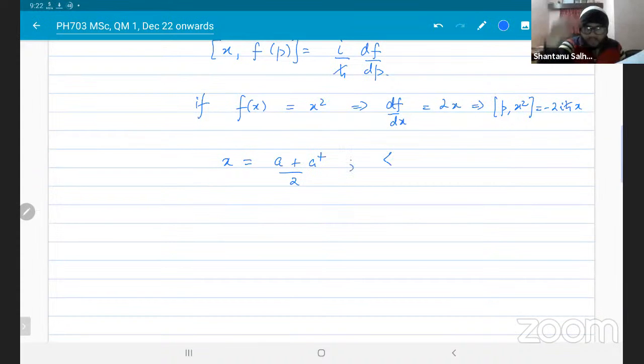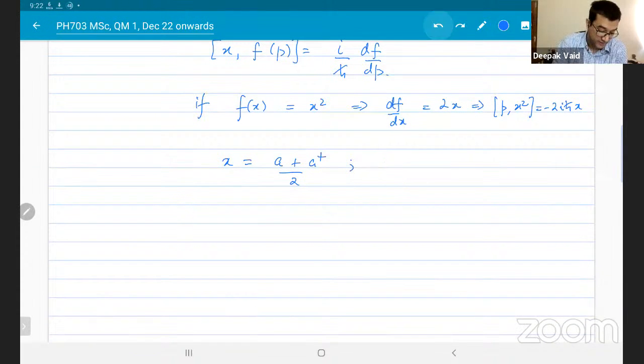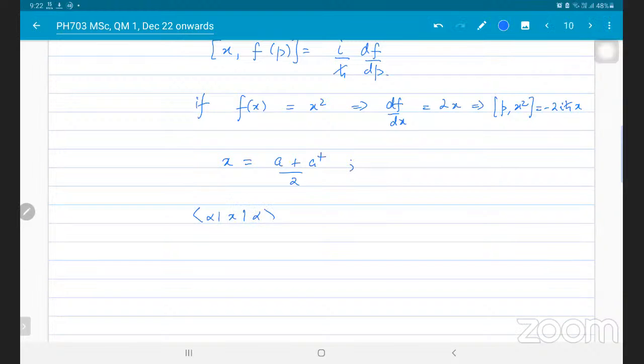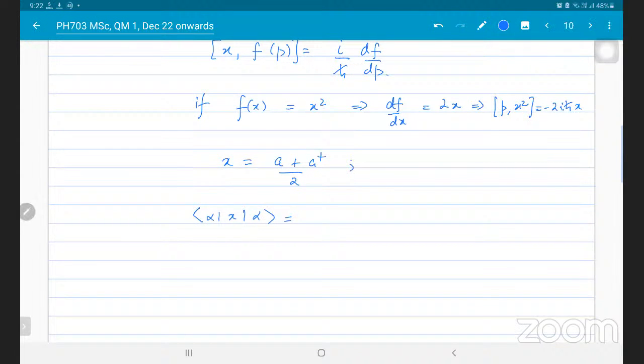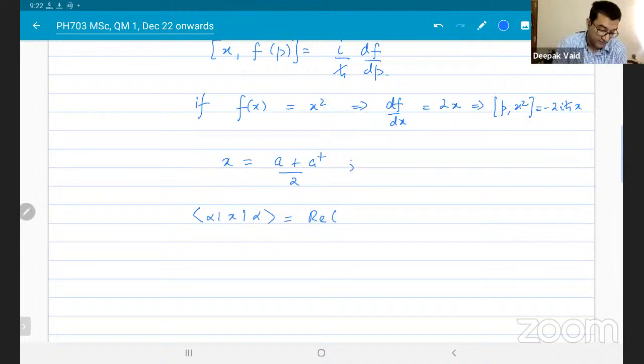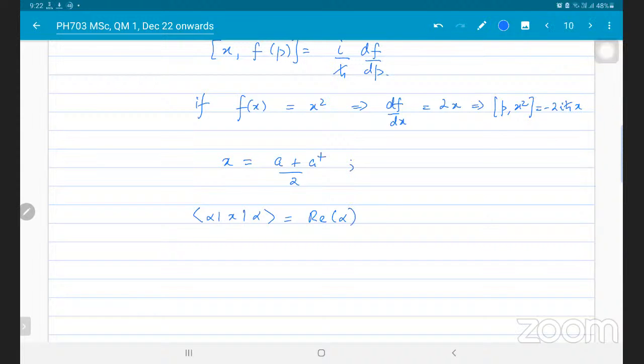So what is the expectation value of x in this state alpha? It is alpha star plus alpha, so it is equal to the real part of alpha, no?